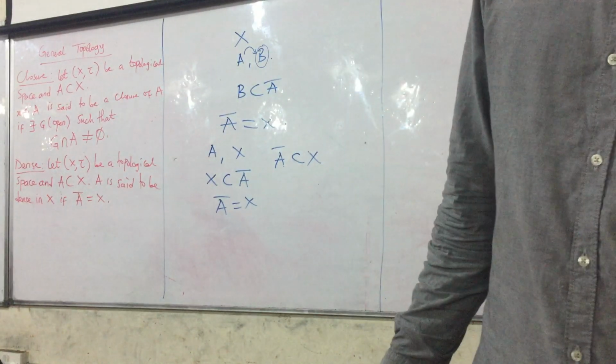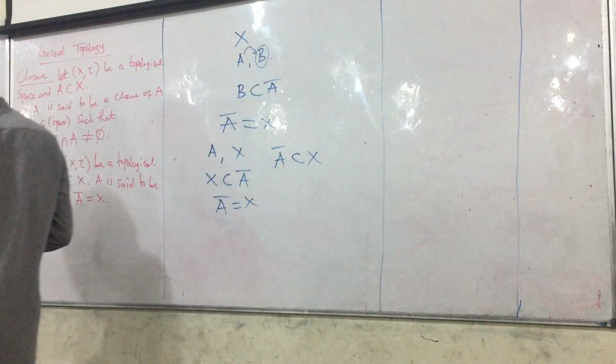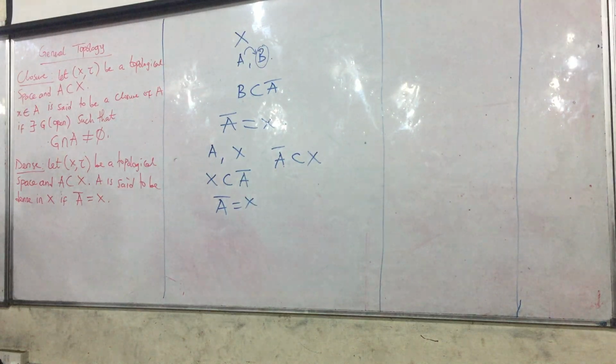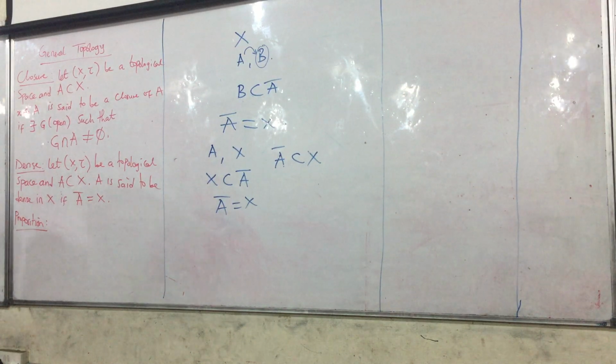Now the next definition, or let me see what we have next. We have a proposition. Sorry. On that closure definition, I want you to show those three, there are four properties under closure. The closure of A union B is equal to the closure of A union the closure of B. I want you to use the definition to show it.